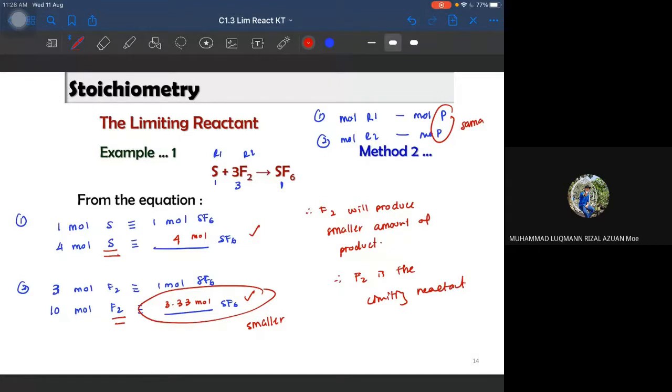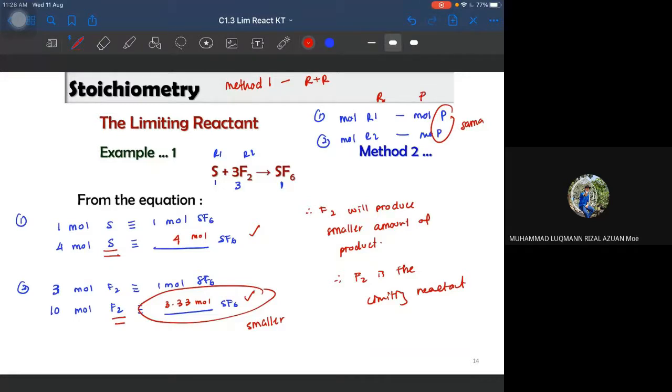Okay, dapat? Itu dua step, dua method lah untuk compare. Method 1 kita compare reactant dan reactant. Okay, and then method 2 kita compare reactant and product.